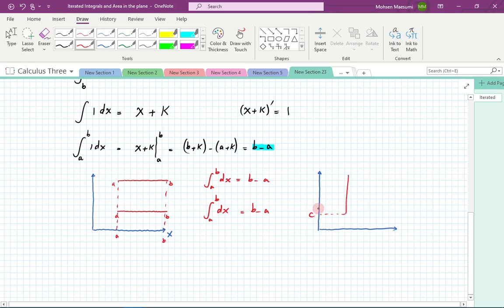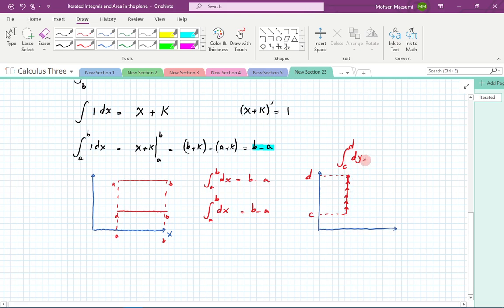If I go from c to d, my integral of dy from c to d, meaning I am making some displacements starting at c, eventually ending up at d.